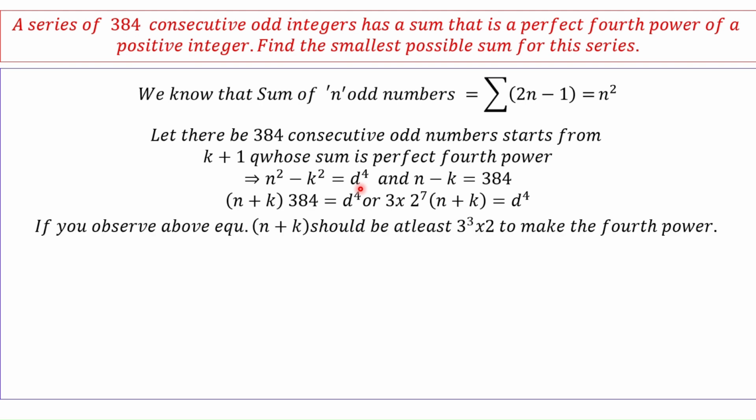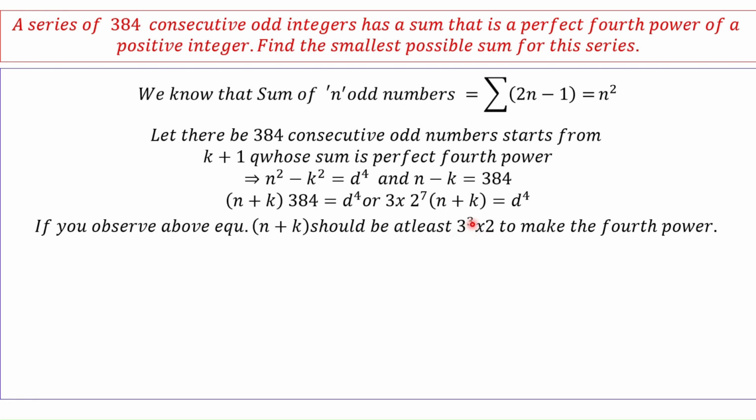Now, if you observe the above equation carefully, n plus k should have at least 3 to the power of 3 and a factor of 2 to make it a perfect fourth power, correct? Unless you make it 3 to the power of 4, you don't get a perfect fourth power here. So n plus k should be 3 to the power of 3 and 2 to the power of 7 should become 2 to the power of 8.